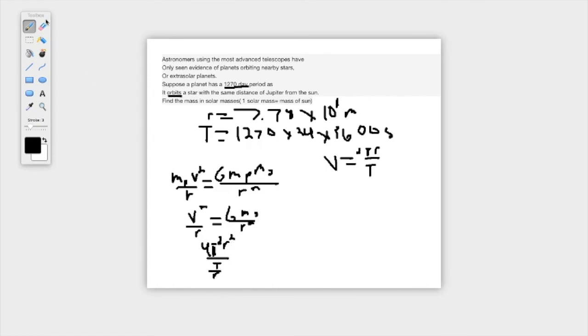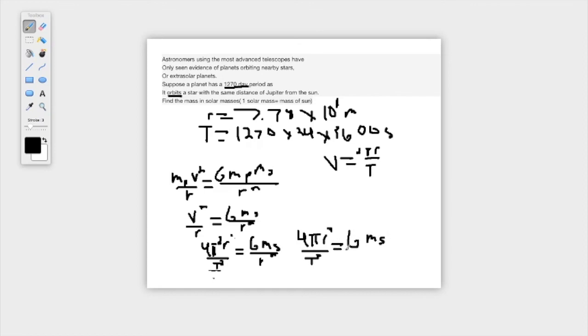So this would simplify to 4 pi squared times r over t squared, and that would equal g times mass of the star over r squared. Then you multiply both sides by r squared, so you get 4 pi squared r cubed over t squared equals g times mass of the star.